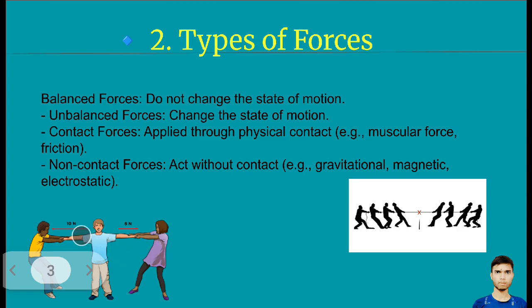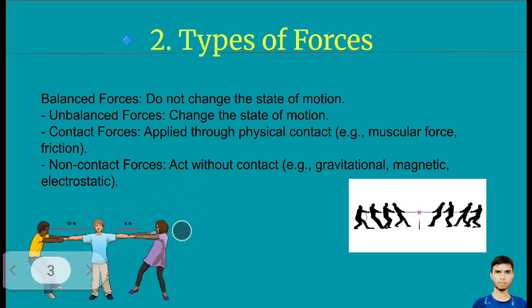Here you can see he is pulling with 10 newtons and she is pulling with 6 newtons. We can easily say that it is not a balanced force, because on both sides the amount of Newtons is not the same. Clear?